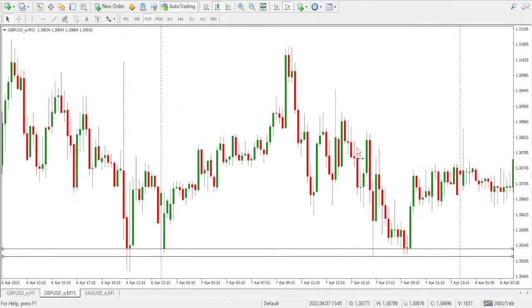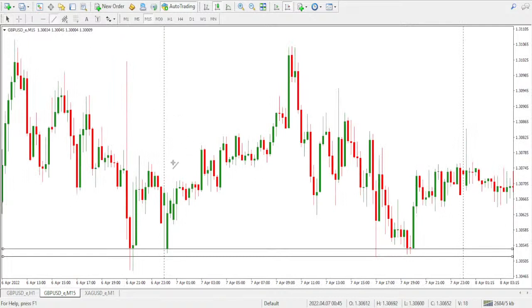Okay, so look at another example. Look at this one here. One more thing which you have to take into account is that whenever you have a resistance trend like this one, you can see clearly that the price is continuously forming higher lows. This high is higher than the one at the anchor point.